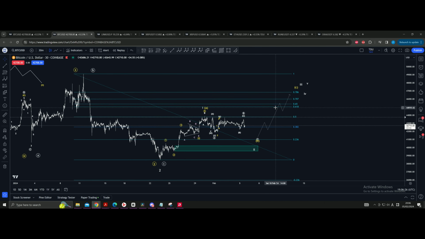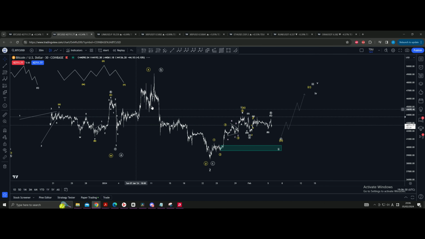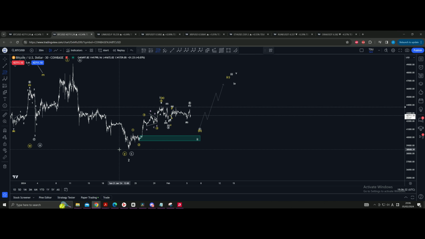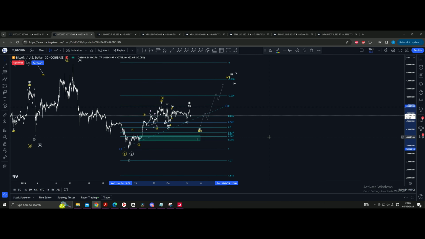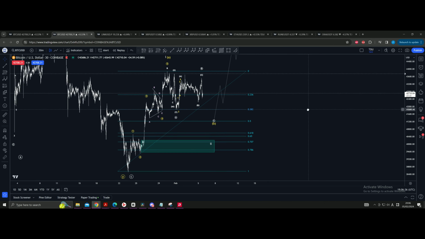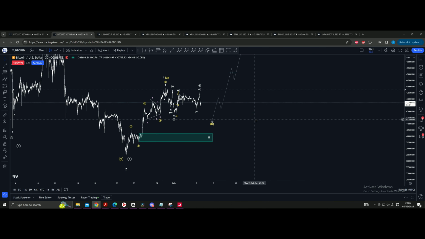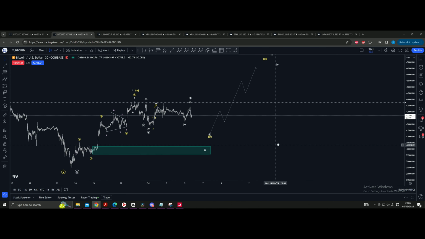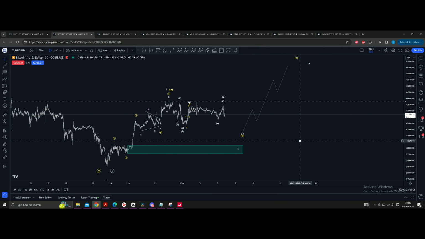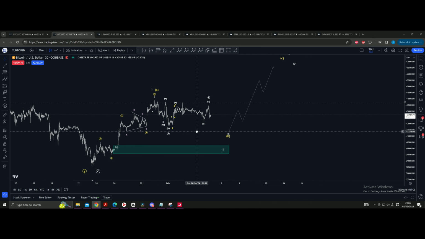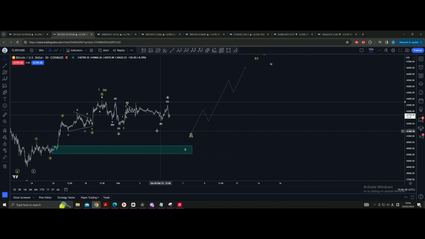We still didn't test the golden zone here. And on the other side, we still didn't test the golden zone down. Count-wise, I would say that we are flatting again, I would think.